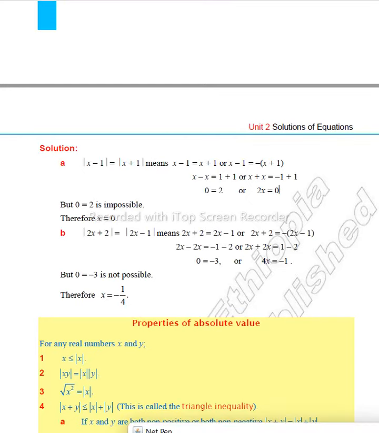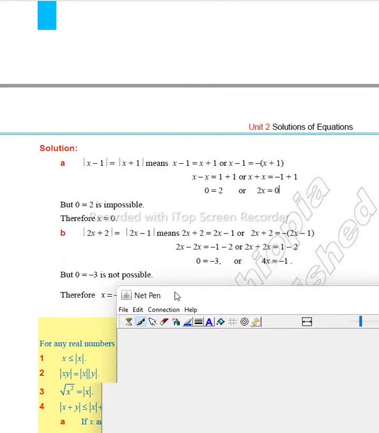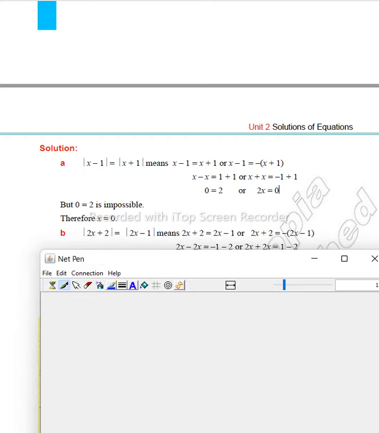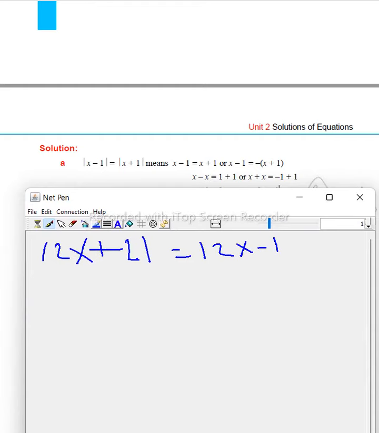Let us do this one, because this example is different from the above: 2x plus 2. Let us write first the equation, is equal to 2x minus 1. Here we have this equation with absolute value.